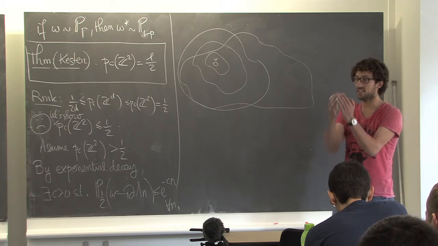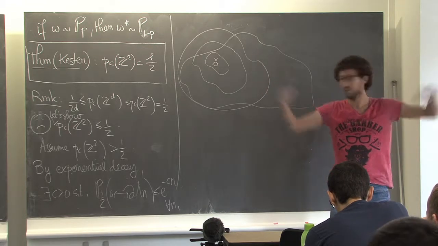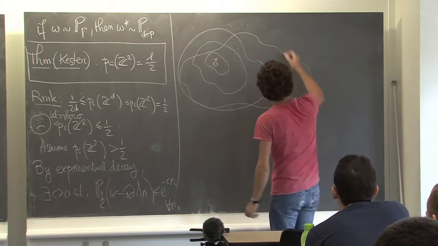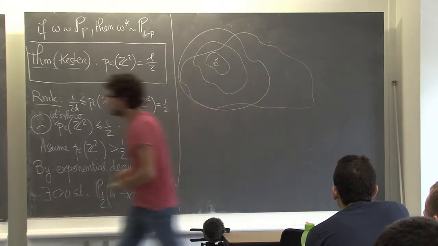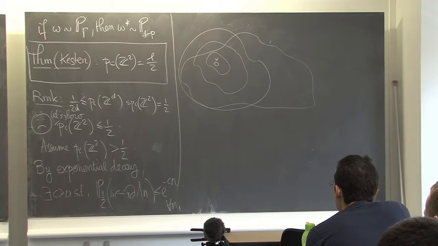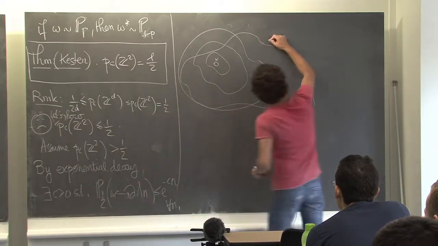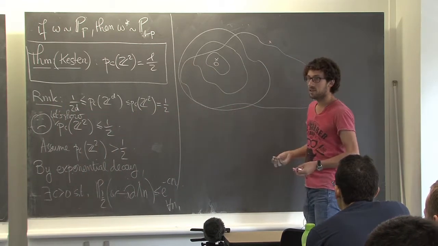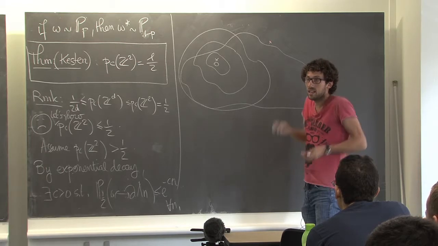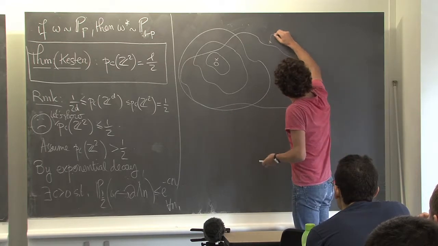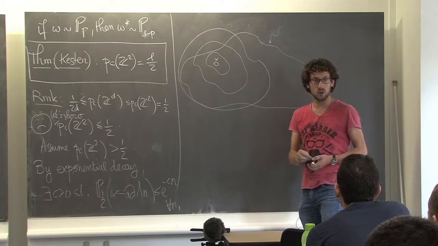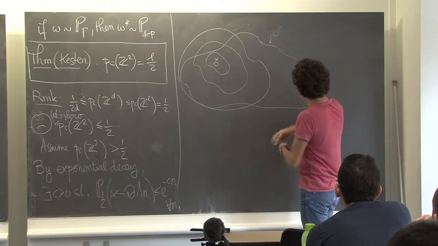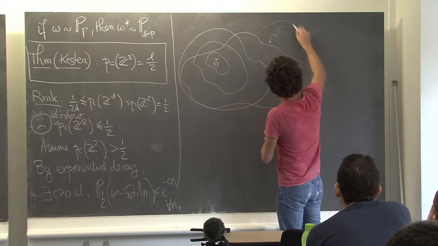Why? Just take the exterior most of these circuits, take a point here outside, so it should be in blue. Take a point outside. How can it be blocked? Well, it can't, because if there is no path of blue going to infinity, that means that there is an additional circuit which is blocking it like that.